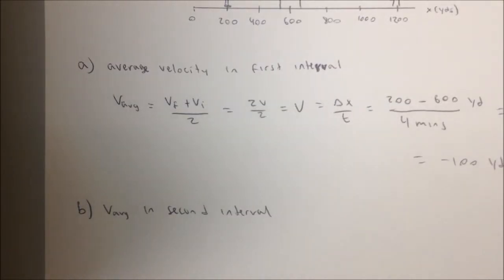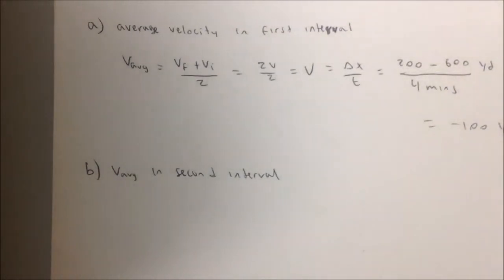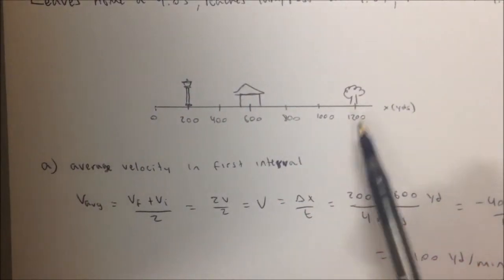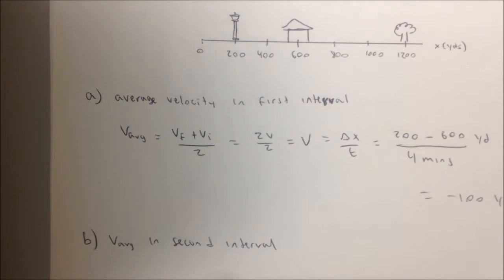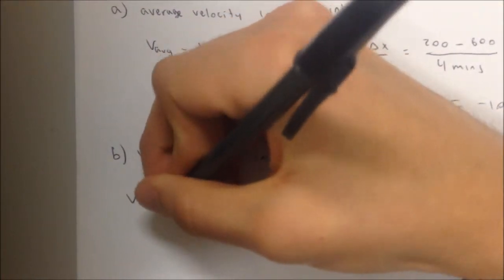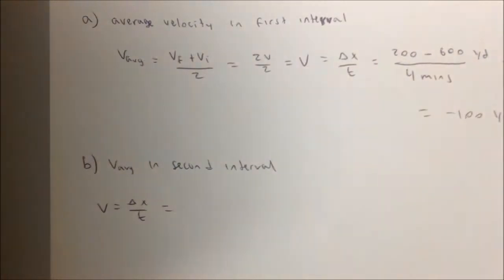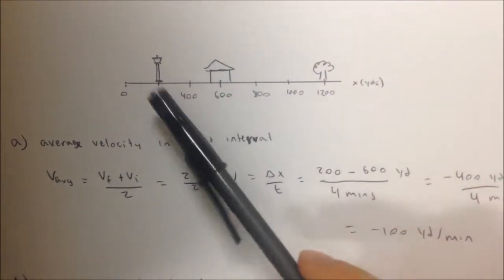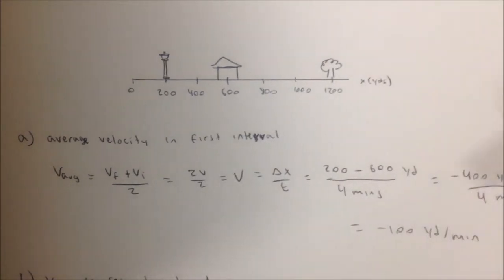The second part of this problem is asking for the average velocity on the second interval, which is from the lamppost to the tree. Now this is exactly the same as the first part. So we're just finding velocity, which is the change of distance over time. And now the only difference is the distance from the lamppost to the tree, which is 1,000 yards.